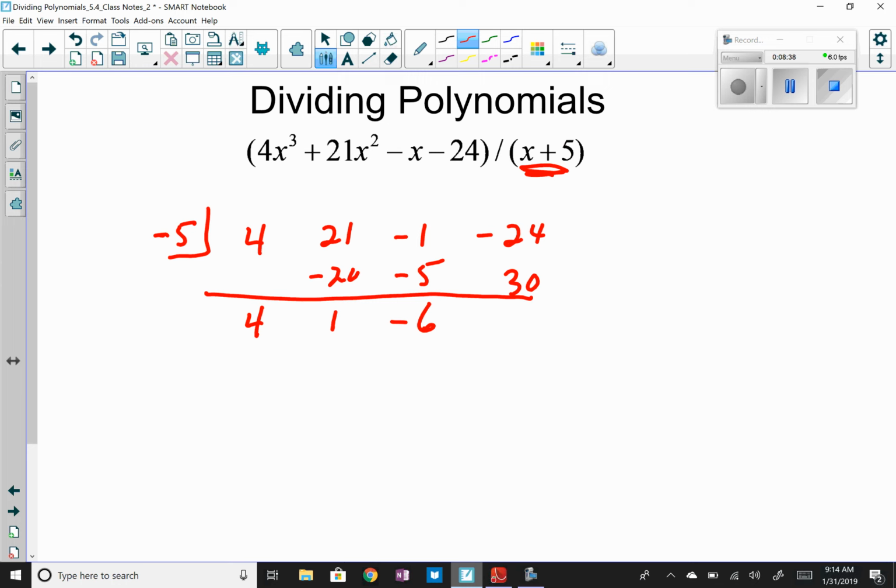That's going to leave us a remainder of 6. So we have our remainder column, our constant, our x, and x squared. So we have 4x squared plus x minus 6 with a remainder of 6.